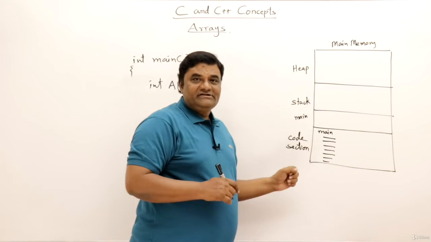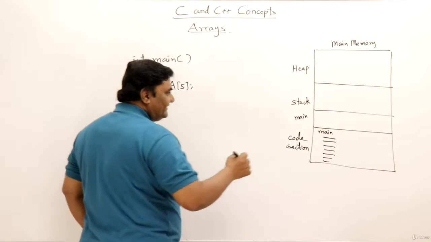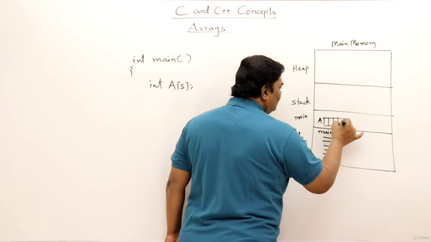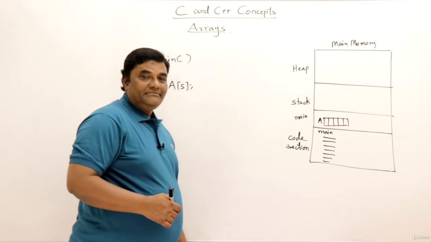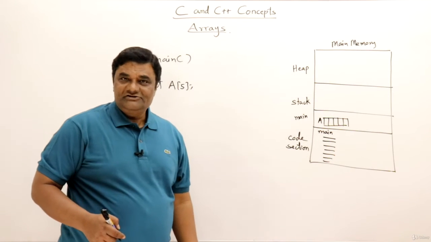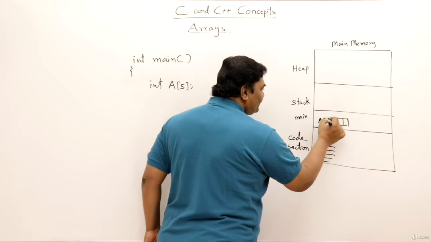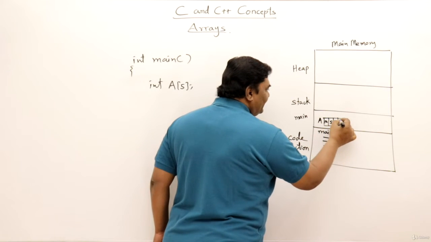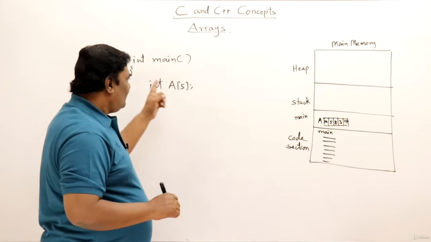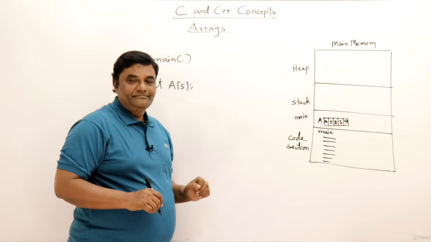The program will be inside the code section, and when any variable is declared, like an array, that array will be created inside the stack. That array will be directly accessible to the main function, and I can store values directly, like 10, 5, 8, 3, 9. This is how I can declare an array, and I have shown you where the array will be created in memory.